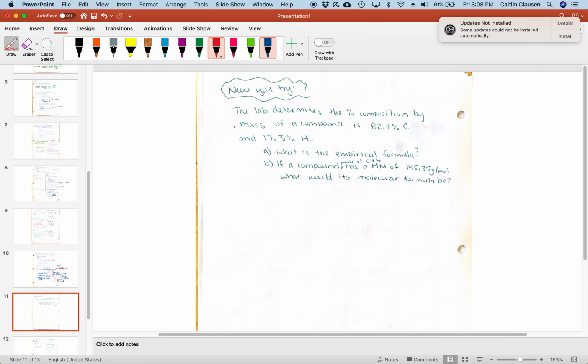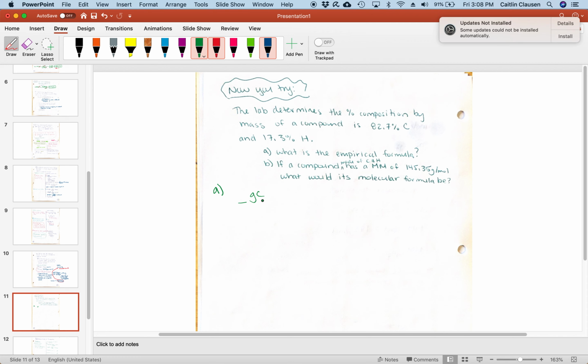So we've got to go back and use all those steps for part A. So one, we're going to assume we have 100 grams of compound and convert the percentages to grams.